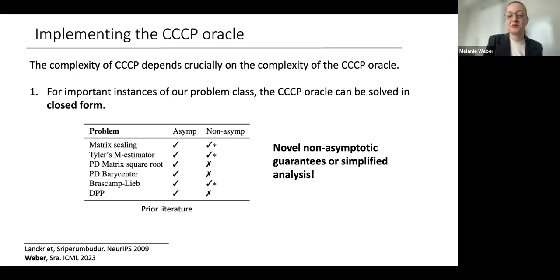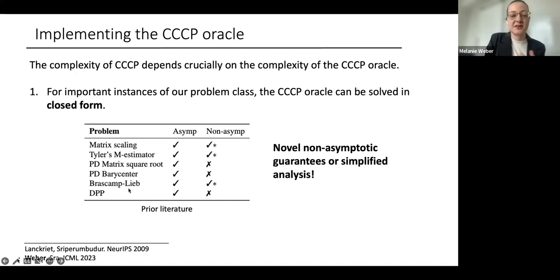For some of these problems, there are very simple fixed point iterations that have been known to be extremely competitive numerically, but there were very often no non-asymptotic guarantees, so no known convergence rates for those algorithms, even though it was numerically established that they are very fast. So our framework here really provides for these methods the first non-asymptotic convergence guarantees.